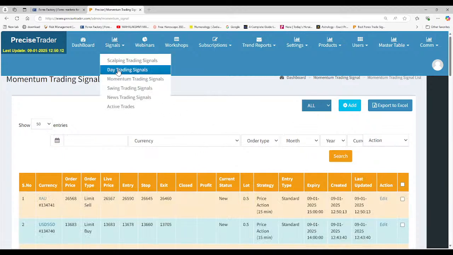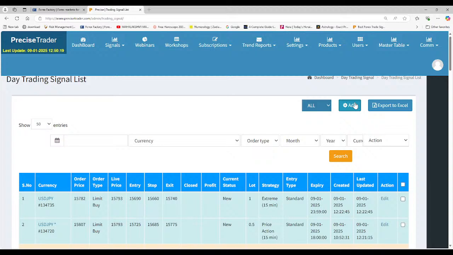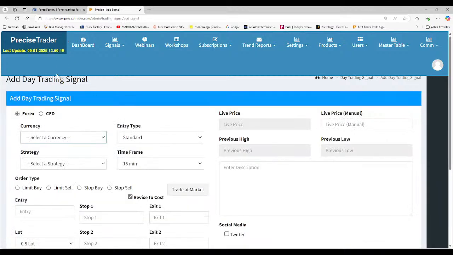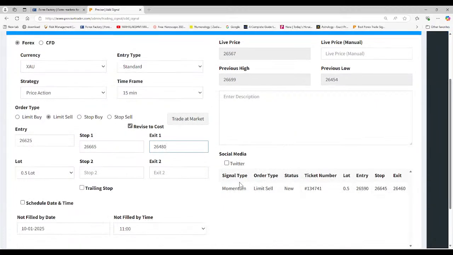Then we will go for one day trade, which is selling at 62 half or 63, 2662 half. Stop at 66 half. I think I want to exit slightly higher at 48.